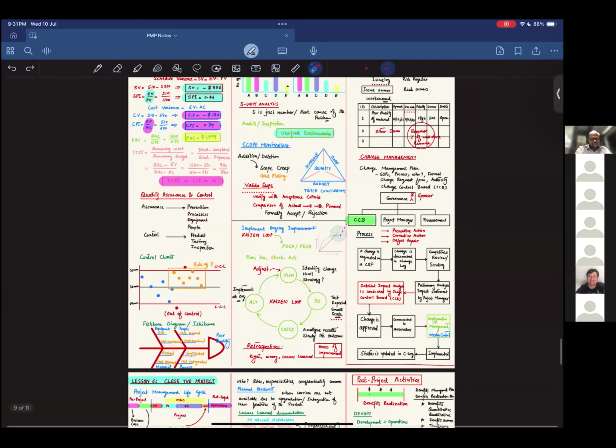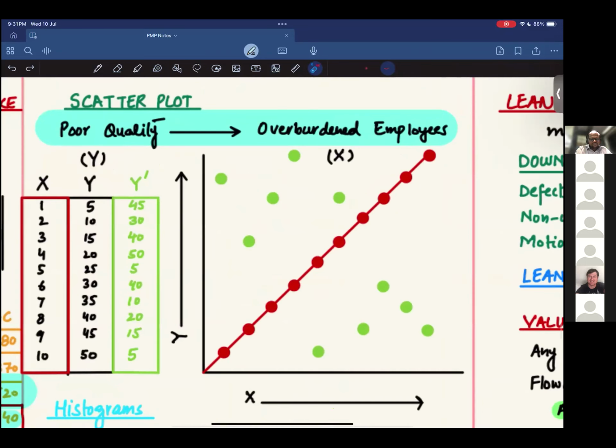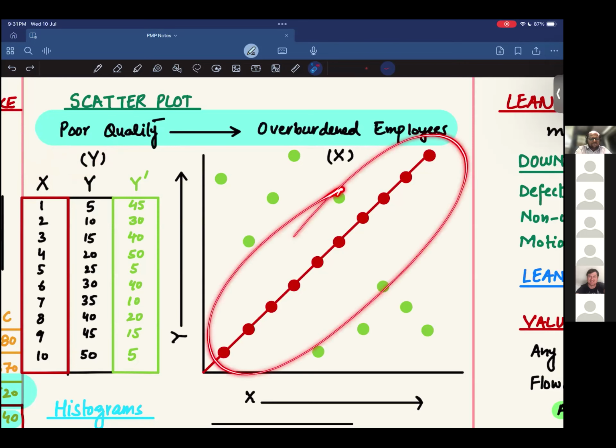Okay, now the scatter plot. Scatter plot is developed to substantiate the relationship between two variables through mathematical or numerical numbers. You have a variable X and a variable Y, a dependent variable and an independent variable, and you plot it. Remember, if points on a scatter plot are closer to each other, it indicates a strong relationship.